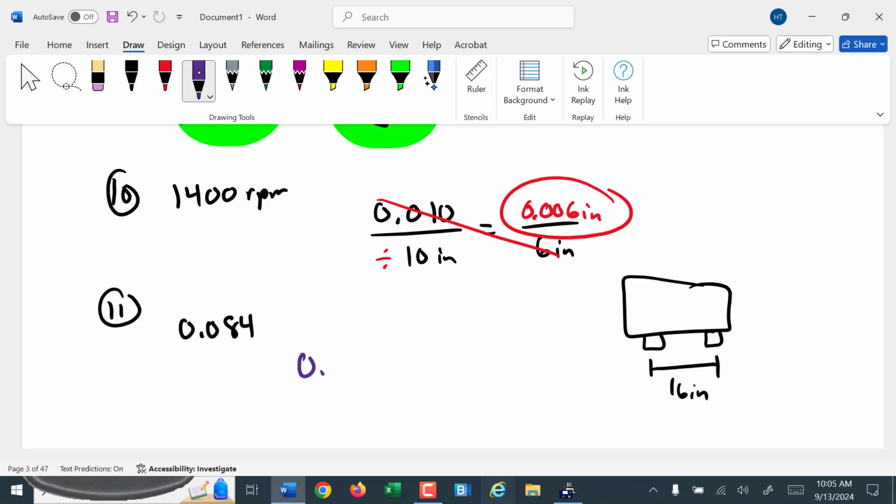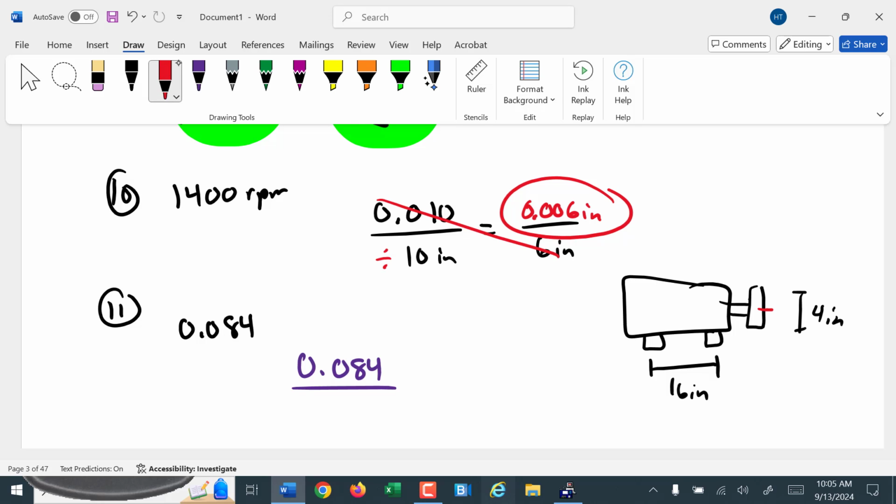So we take our 0.084, and we need to know what is its moment arm. Well, we have here, what's the size of that flange? 4-inch flange. 4 inches, however, is not our moment arm.